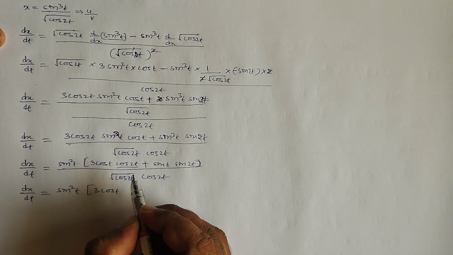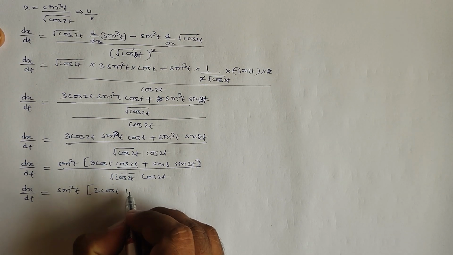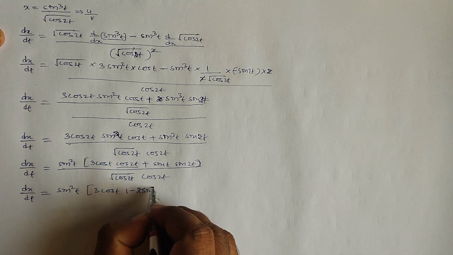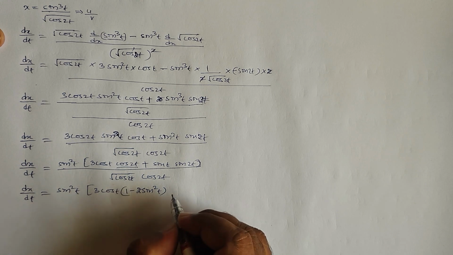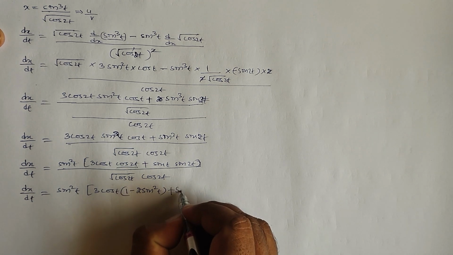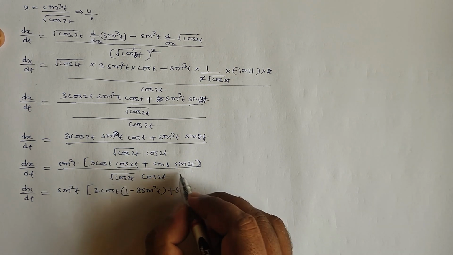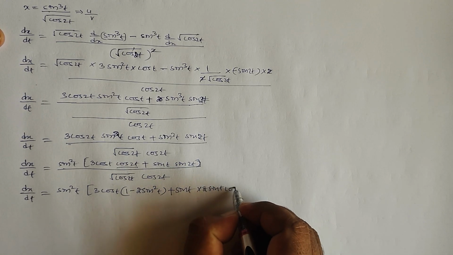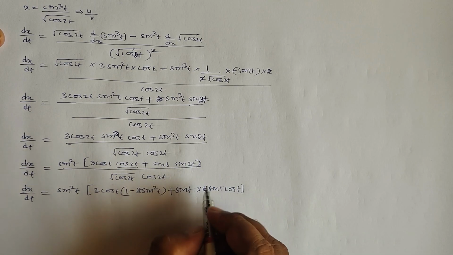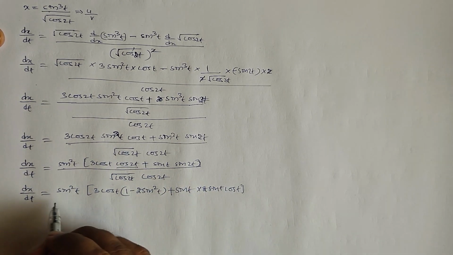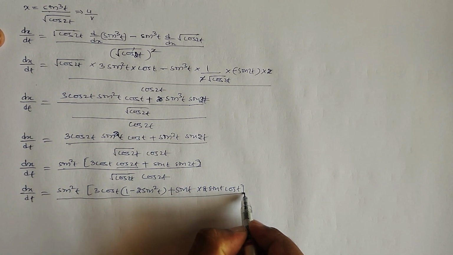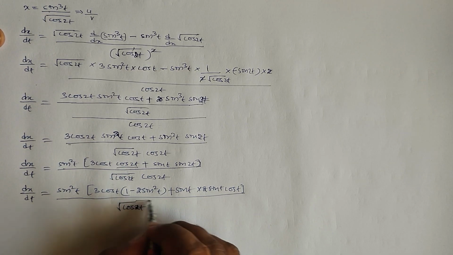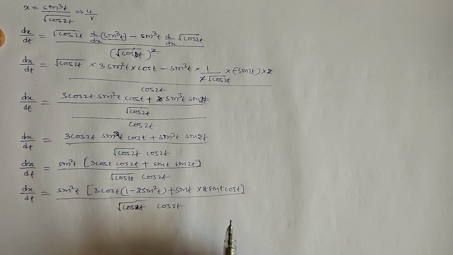The cos 2t formula in terms of sin becomes 1 minus 2 sin square t. Next plus sin t, and the sin 2t formula is 2 sin t into cos t, divided by root cos 2t into cos 2t.